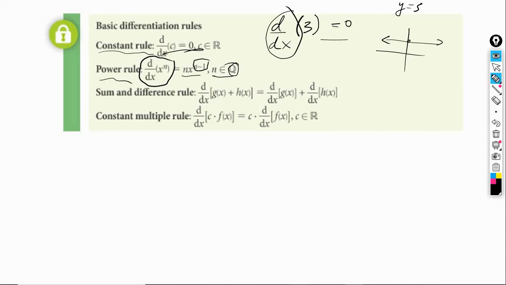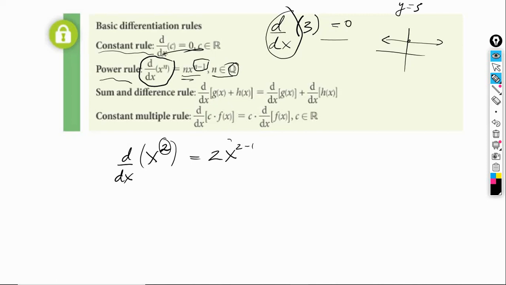Okay, what's an example of this? Let's suppose you have x squared. They ask you to find the derivative of x squared, or to differentiate x squared. That's the same thing. So d dx of x squared is going to equal, n is the exponent, so 2 times x to the power of 2 minus 1.